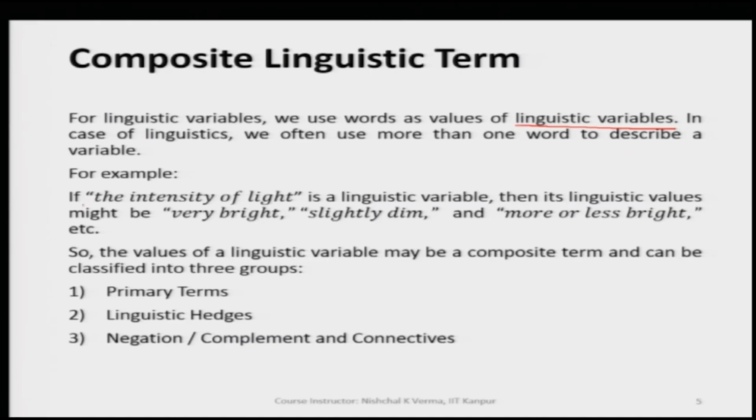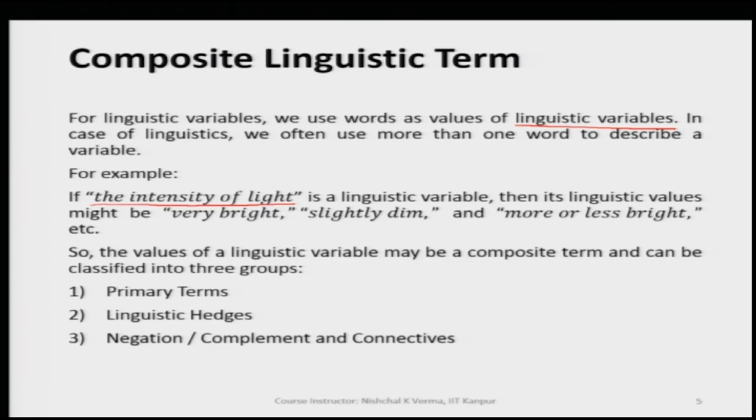So, for example, here the intensity of light, if we choose the intensity of light as a linguistic variable. Let us now see how these 5 parameters, as we have seen, those parameters which were as a quintuple, how actually are these coming up for this linguistic variable.